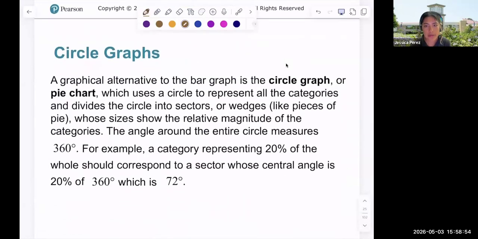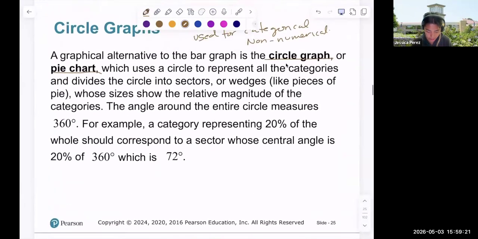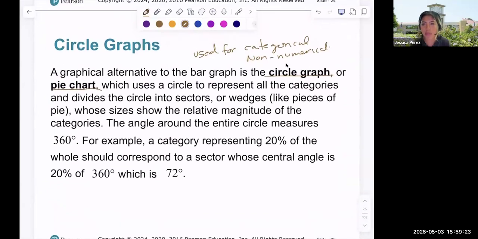We can also have circle graphs, also called a pie chart, which uses the actual circle to represent all the categories. So again, a circle graph or a pie chart is used for categorical or non-numerical data.